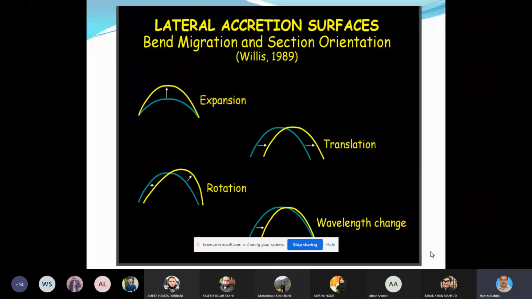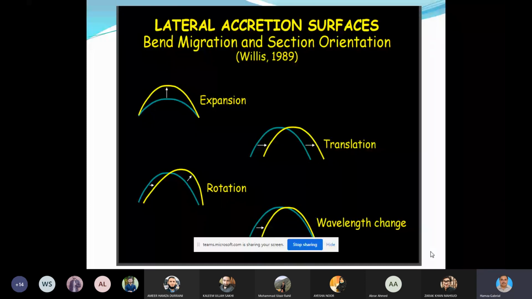So these meanders expand, so they result in expansion, that they move laterally. They are also translated, they shift from one place to another. Rotation also takes place in the meander process, and there is also change in the wavelength of these meanders.